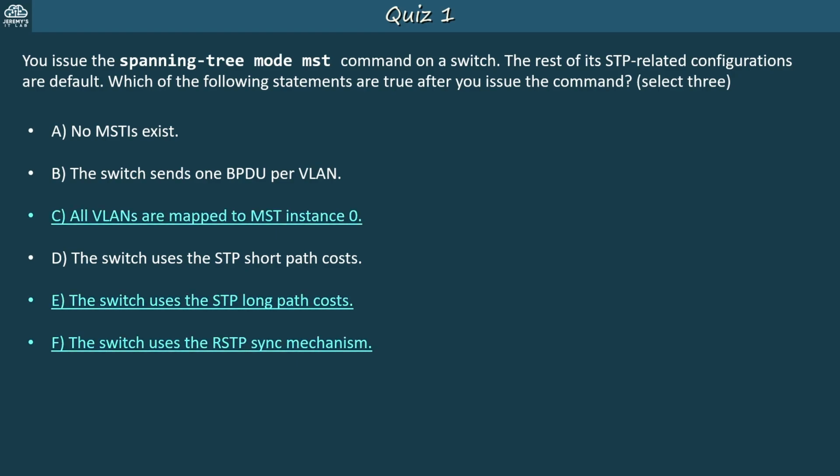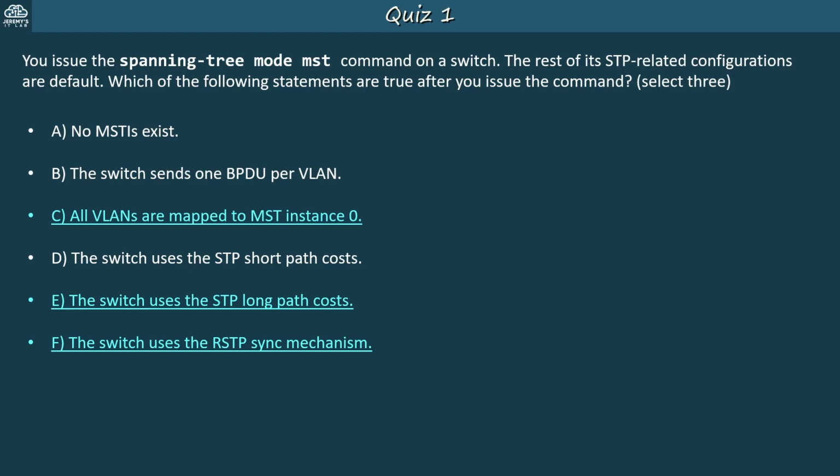When you enable MSTP on a switch, all VLANs are mapped to a single MST instance by default, which is MSTI0, also known as the internal spanning tree, or IST. So C is correct. MSTP always uses the STP long path costs, so E is correct.